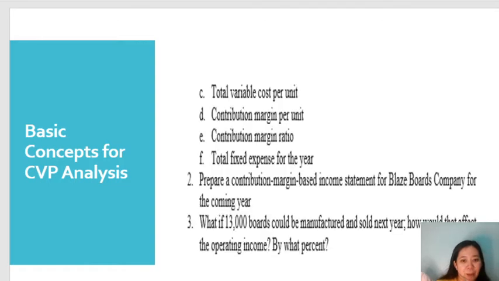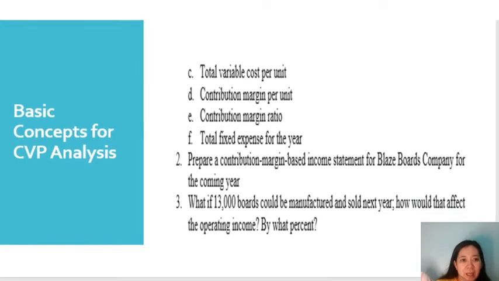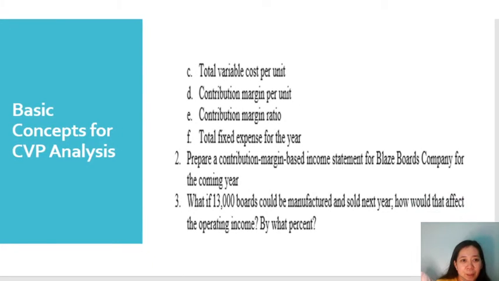Letter C, what is the total variable cost per unit? Letter D, what is the contribution margin per unit? Letter E, what is the contribution margin ratio? Letter F, what is the total fixed expense for the year?